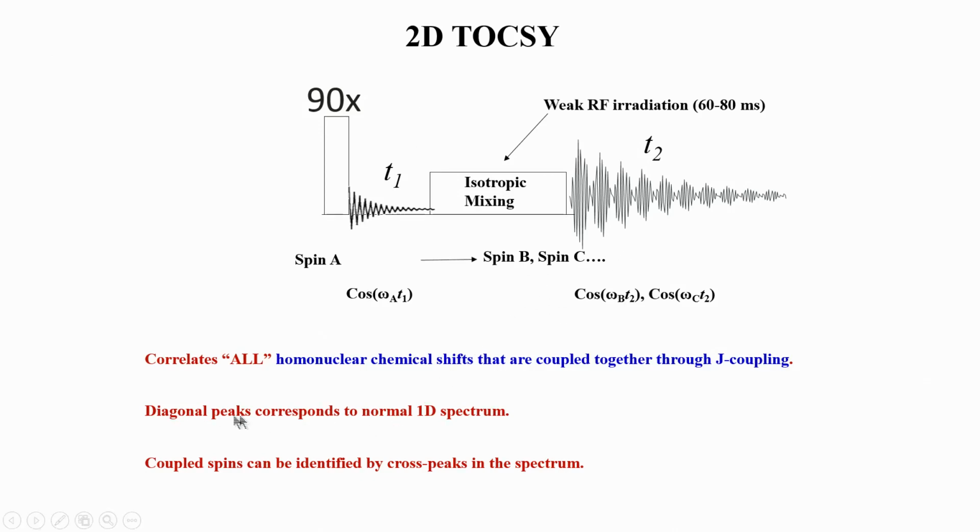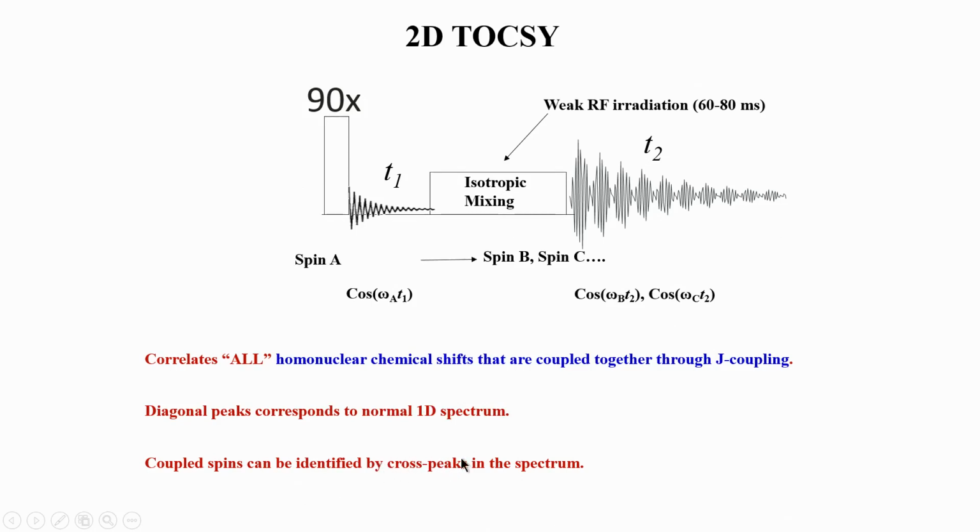Before we look at the actual spectrum, the diagonal peaks which we see in TOCSY are similar to a COSY, that is, the diagonal peak is just a 1D spectrum. There is no difference between the diagonal peak of a COSY and a TOCSY. The diagonal peaks are the same, whereas the cross peaks are completely different.